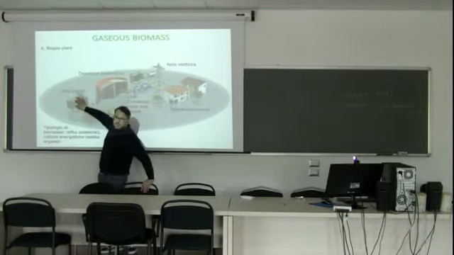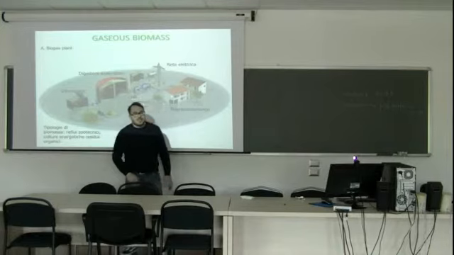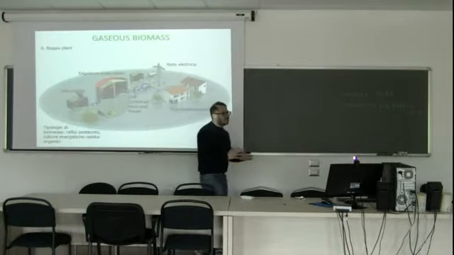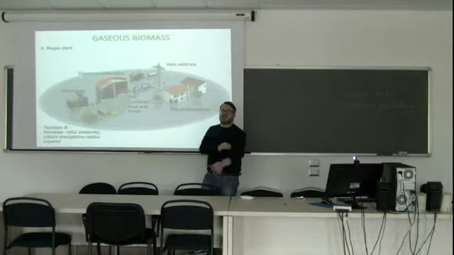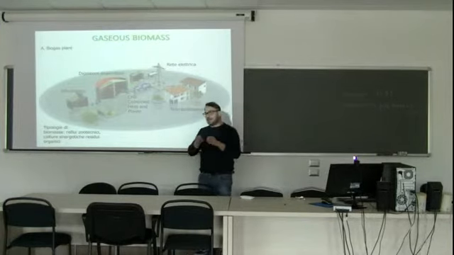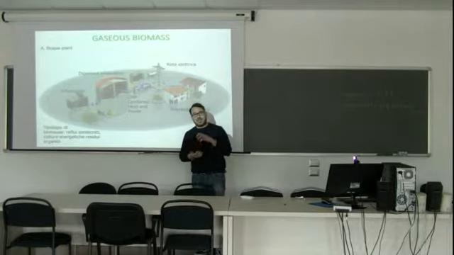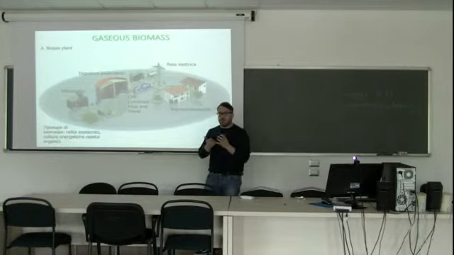There is the chipping of the biomass, mixing and chipping, and putting it inside a digester. The digester is a mesophilic process, with a temperature around 38-40 degrees, in which the methanogen bacteria can grow. The bacteria consume the biomass inside the digester with the production of methane.